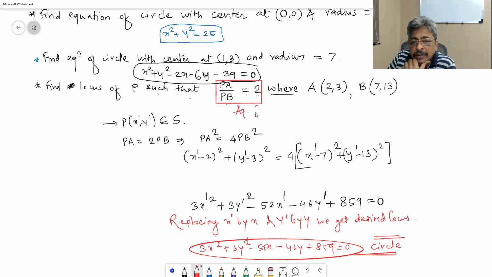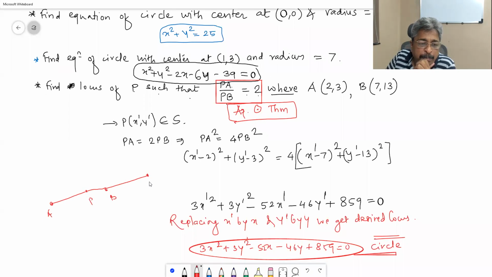Apollonius theorem. Apollonius circle theorem wala circle hai A B, internal division point P, external division point P2 P1.